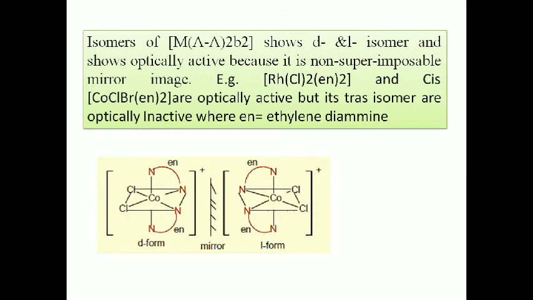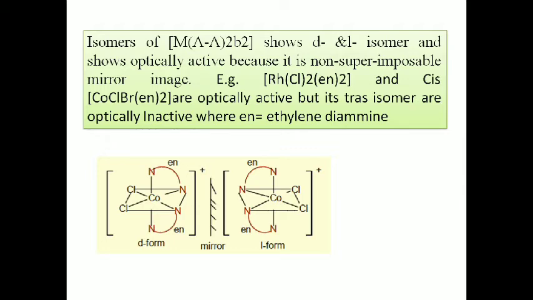The second isomer is M(AA)2B2, which also shows dextro and levo isomers and optical activity because it is a non-superimposable mirror image. For example, [Rh(Cl)2(en)2] and cis-[CoClBr(en)2] are optically active, but their trans isomers are optically inactive.